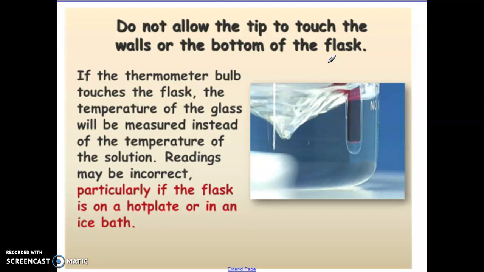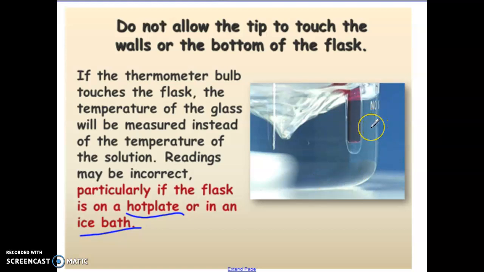But you want to make sure that the thermometer itself is in the liquid, not touching the glass at all. So it's kind of suspended, only having liquid surrounding it. This becomes very important when you are heating up your liquid or cooling your liquid down. The reason why is if it's touching the glass, you're actually going to be reading the temperature of the glass.